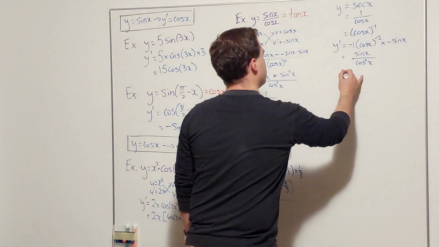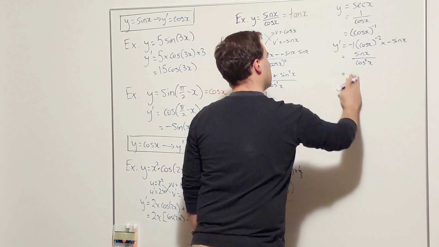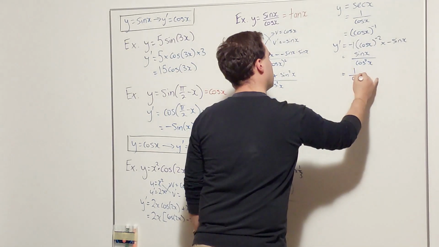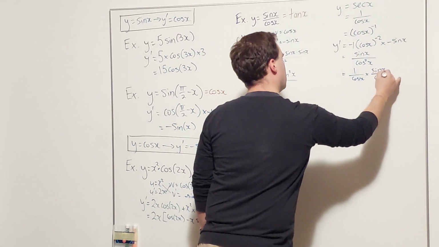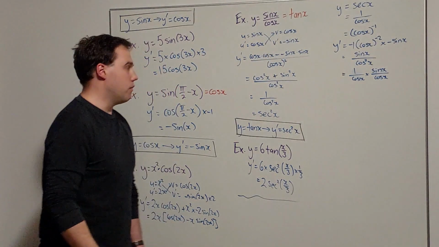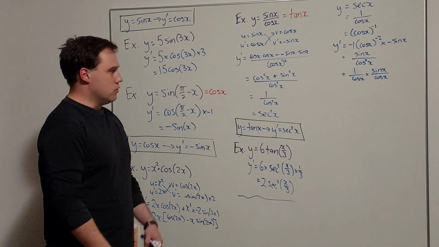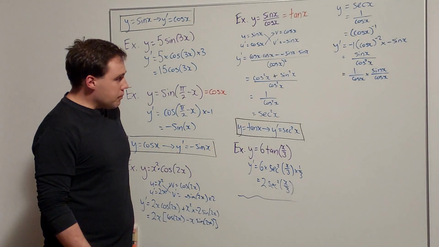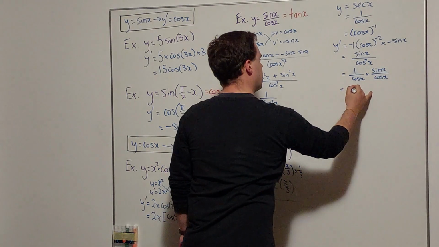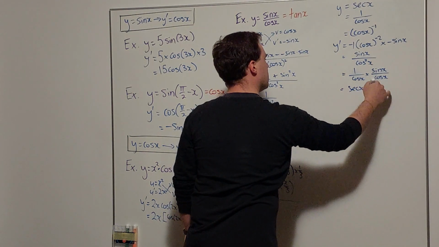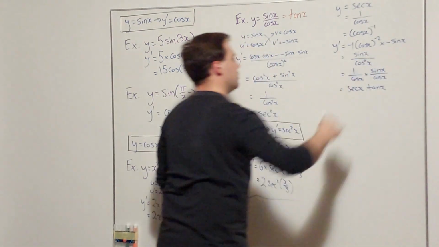I'm just going to break this up, pairing off our one sine x with one of our cos x factors on the bottom, and you'll see that means we're left with 1 on cos x, which was originally sec x, times sine x on cos x, like over here, which is tan x.